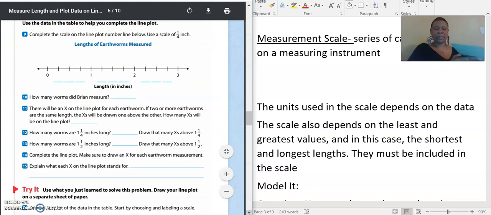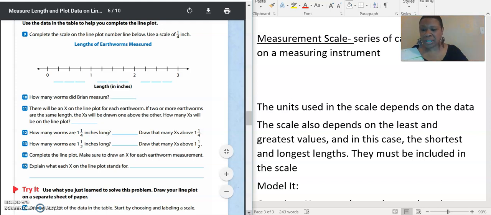So your answer simply will be 2 X's in the 1 1/2. 1, 2, and I'm going to put 1/2 there. That's what yours should look like as well.